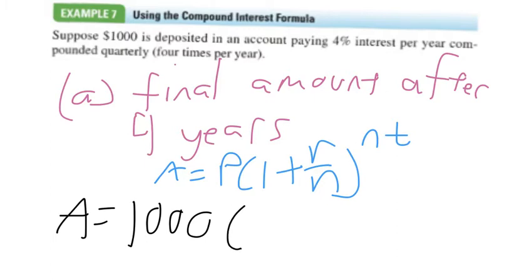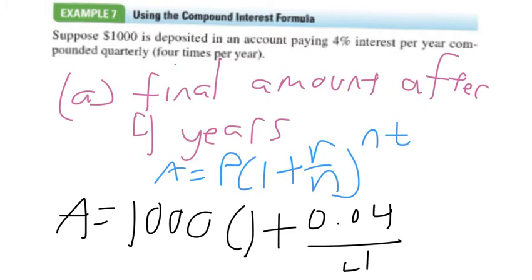So it's 1,000 times 1 plus our interest rate, which is 4%, or as a decimal 0.04, divided by the number of times per year it is compounded. Since it's compounded quarterly, that's 4 times per year. Raised to the power of time, which is 4, multiplied by our N, which is also 4. So 4 times 4, which is 16.